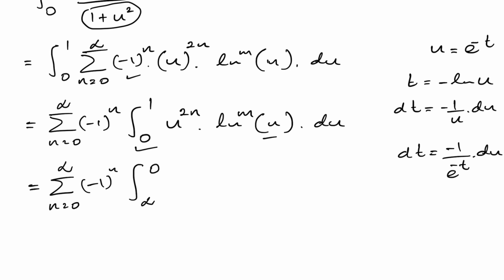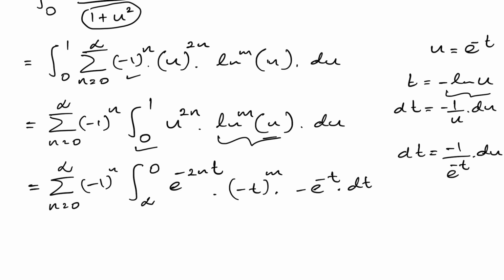Since u is e to the minus t, we have e to the minus 2nt times natural log of u. We know natural log of u is equal to minus t, so minus t raised to the m power, times du, which is minus e to the minus t times dt.